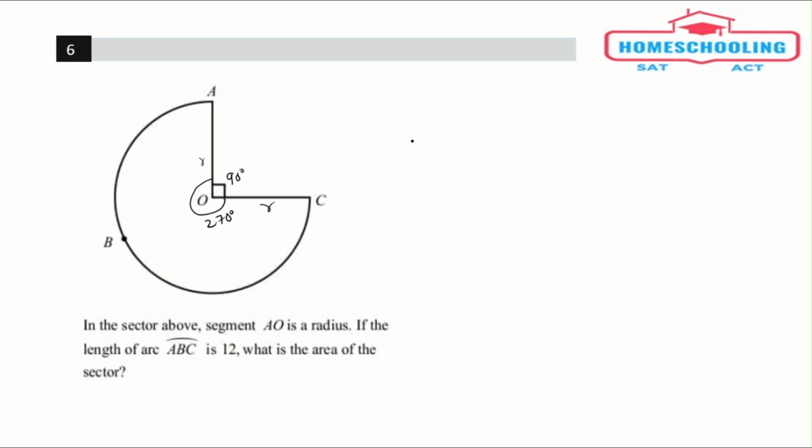Now as the length of the arc is given, length of arc is equal to theta by 360 into 2 pi r, so 270 by 360 into 2 pi r. The length of arc is 12, and this is 3 by 4 into 2 pi r.